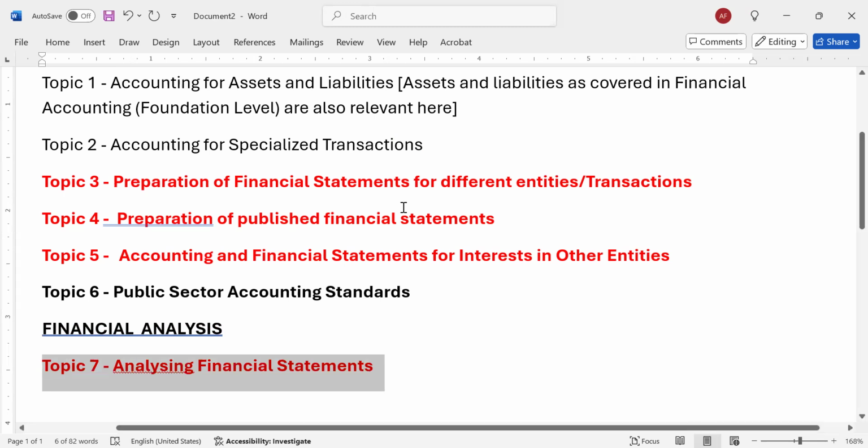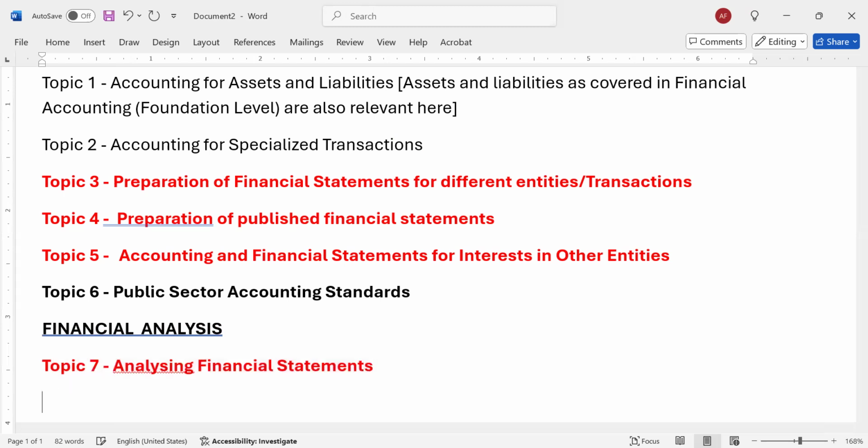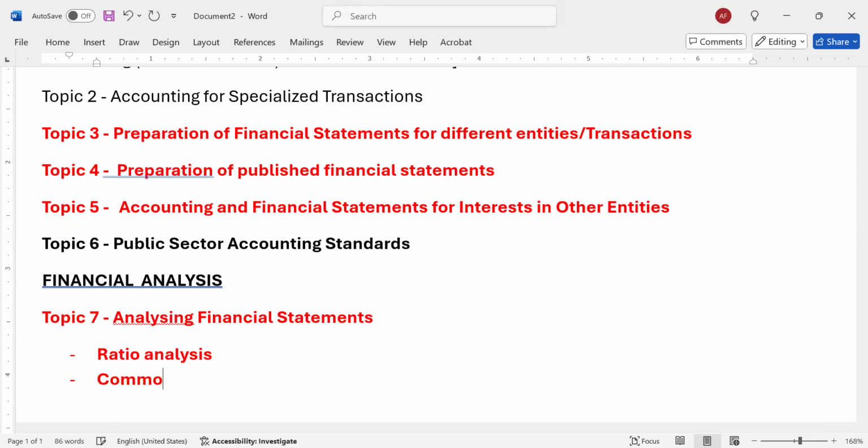So what will you be expected to understand under financial analysis? Number 1, areas to do with ratios: we have ratios, ratio analysis, and common size financial statements.